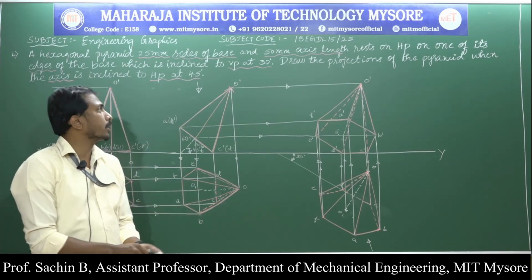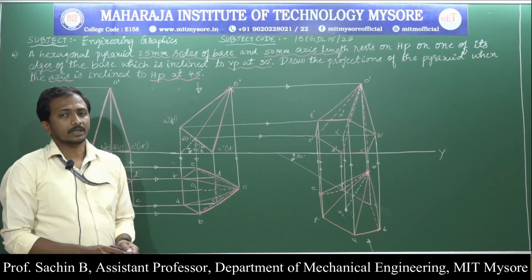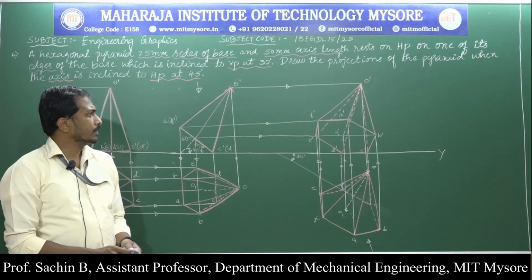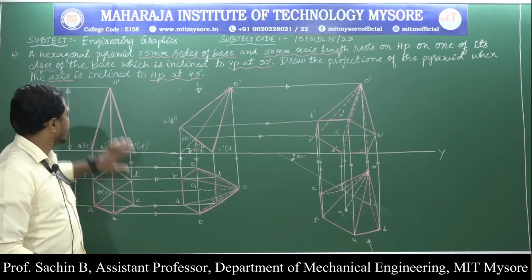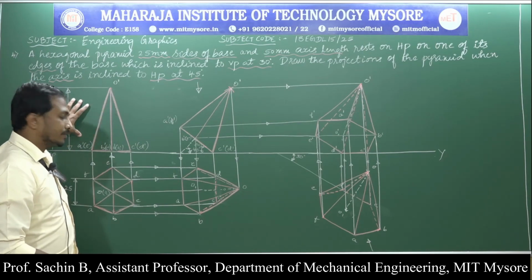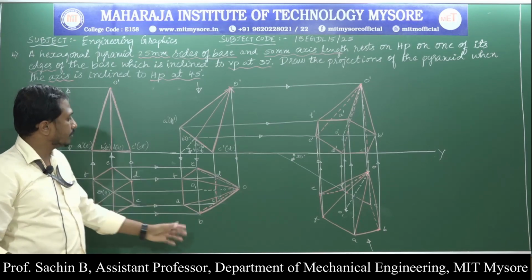When it comes to the purely on axis case, meaning if the axis is inclined to both the planes, during that time we need to find out the beta angle, because in the first position the axis length will remain, if they are given 60 mm or 50 mm, it will be 50 mm itself.